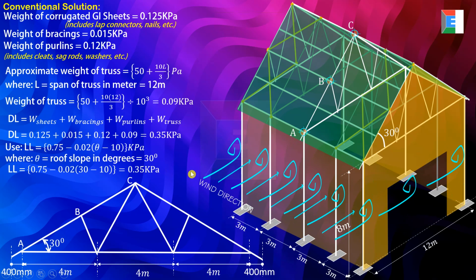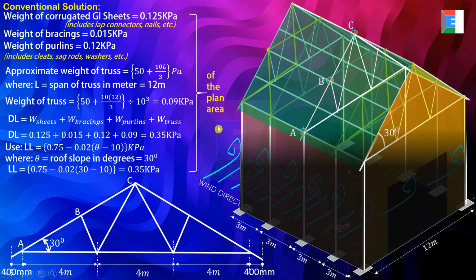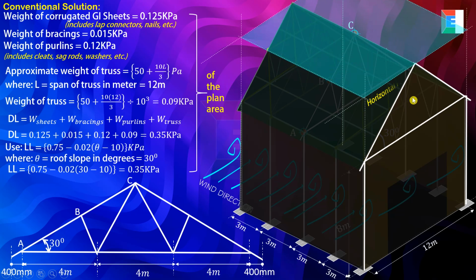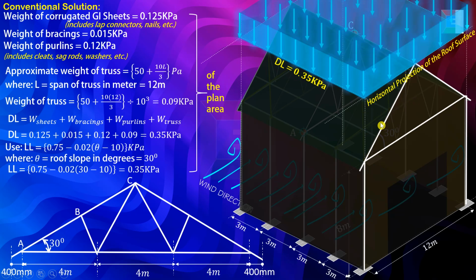So ito lahat is with respect to plan area. So bali kung i-visualize natin yan, yung mga gravity loads, that is acting on the horizontal projection, yung roof surface natin. So ito yung meron tayo ditong dead load na 0.35 kPa and the service live load na 0.35 kPa.